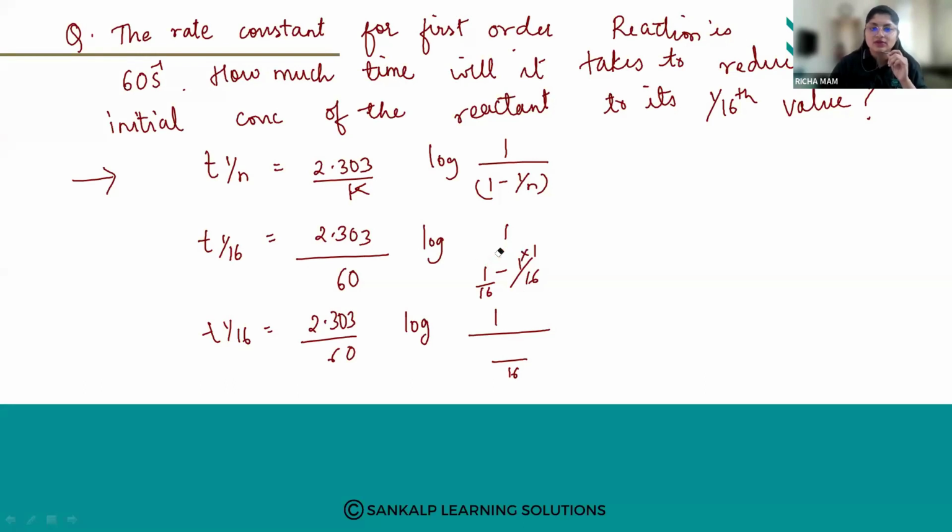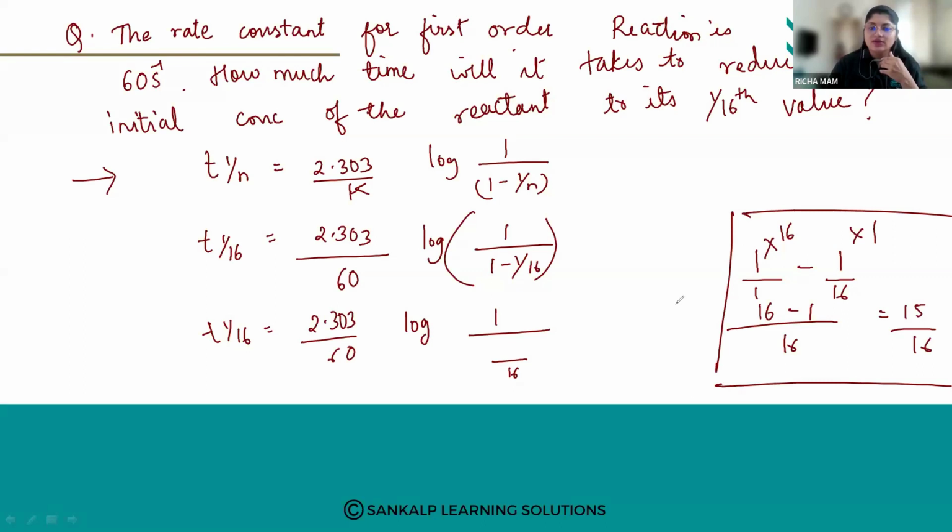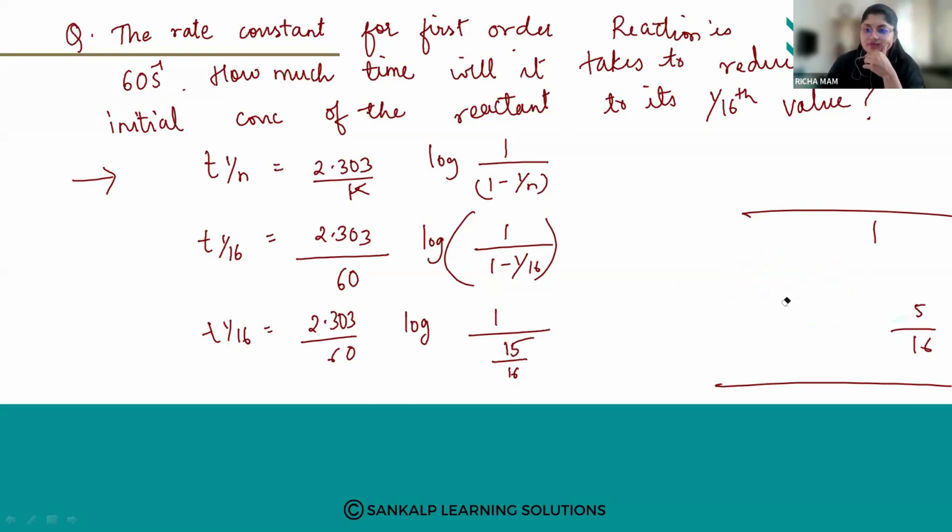See what they have done here. 1 minus 1/16: if I take 16 common, 1 times 16 is 16, and 1 times 1 is 1.